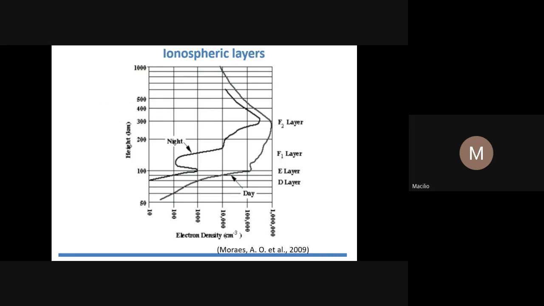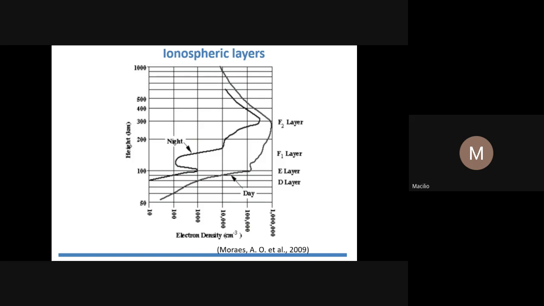Depending on the height, you have different electron density. For us, in the equatorial region, the big problem is this layer called the F layer. In fact, we will see the equatorial scintillation is due to the irregularities in this F layer.